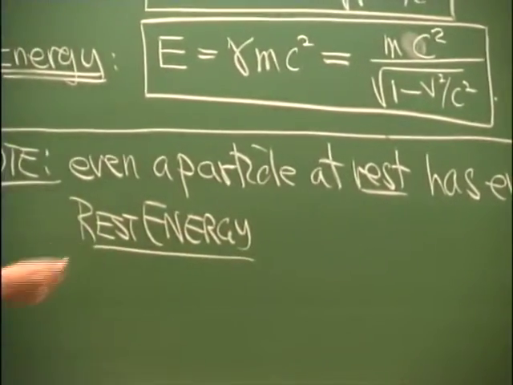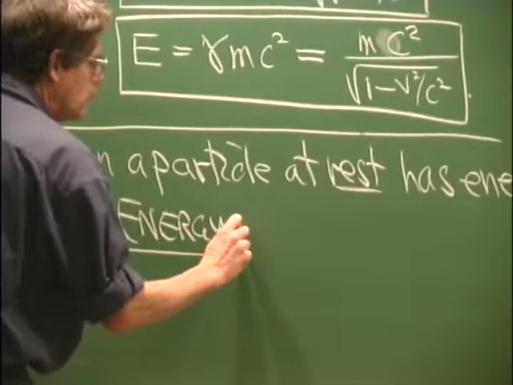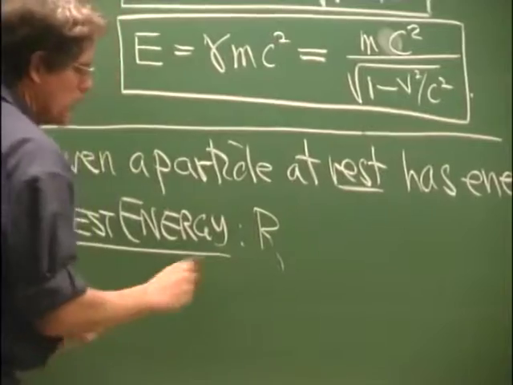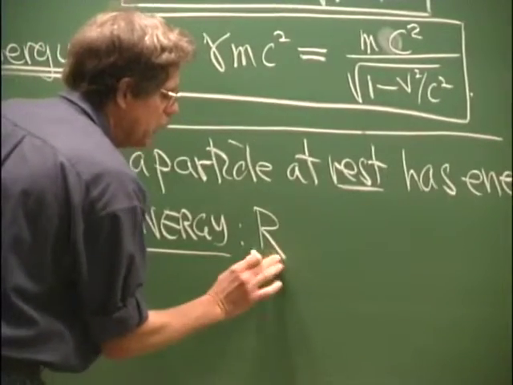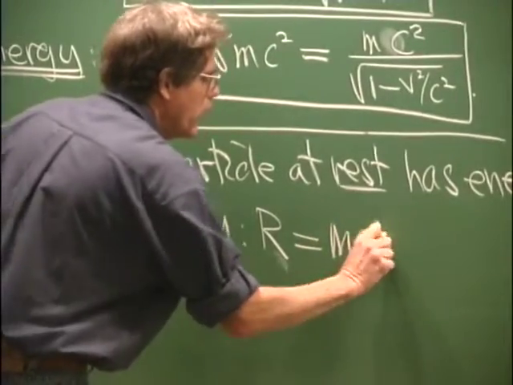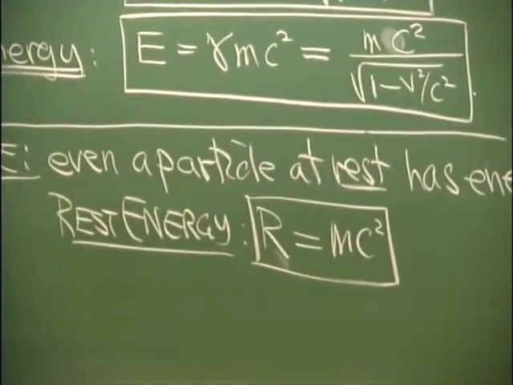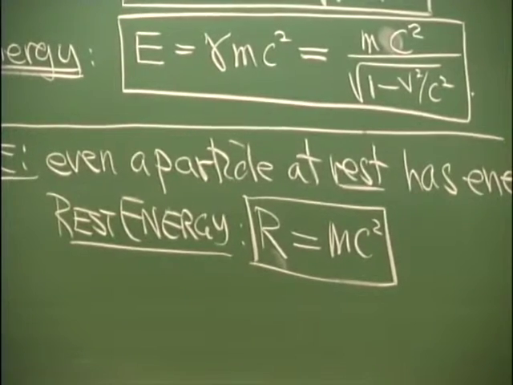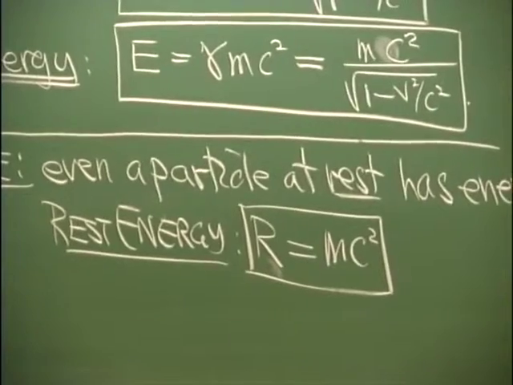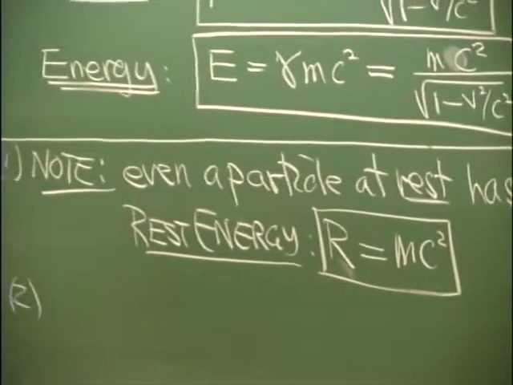That's, if you like, the sort of residual energy that's stored in a particle even if it's not moving at all. I'll use the letter R for that, although it's not terribly standard. R is equal to mc squared. There's the mc squared without the gamma, because the gamma is 1 if you're at rest. That's rest energy.